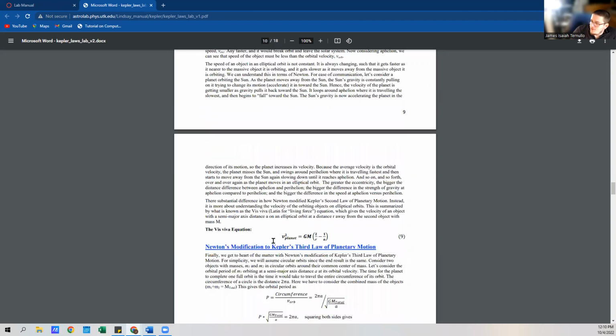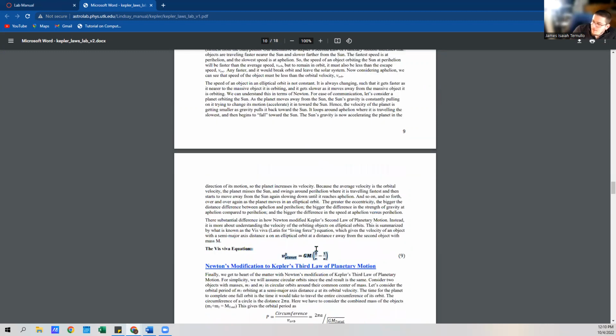I wanted to show you guys this equation. This ended up being Newton's modification to Kepler's second law. Kepler's second law was that equal areas are swept out in equal times. And remember that I said the consequence of that meant that the velocity of the orbiting body changed throughout the entire orbit.